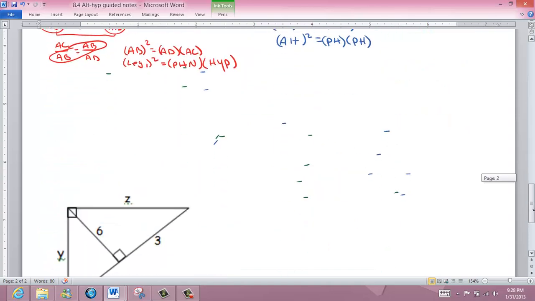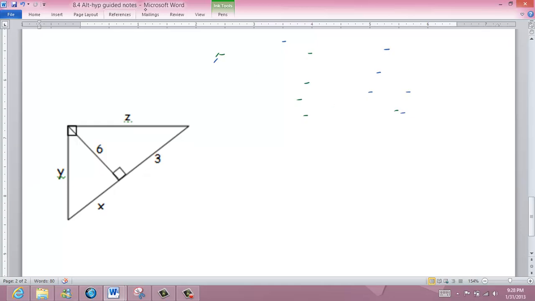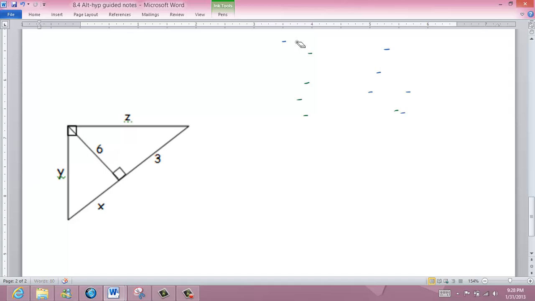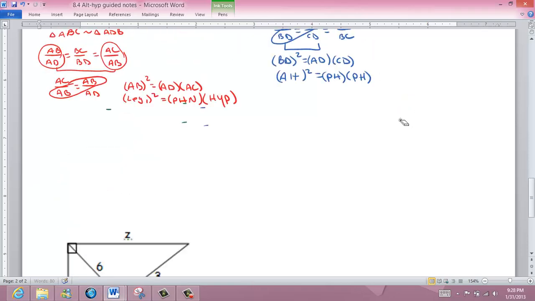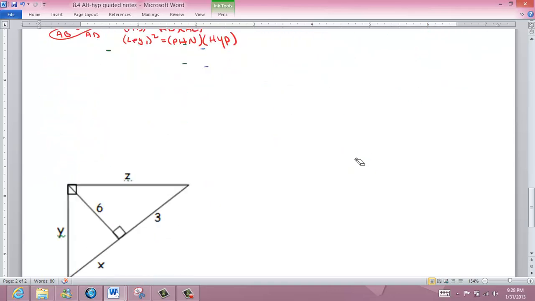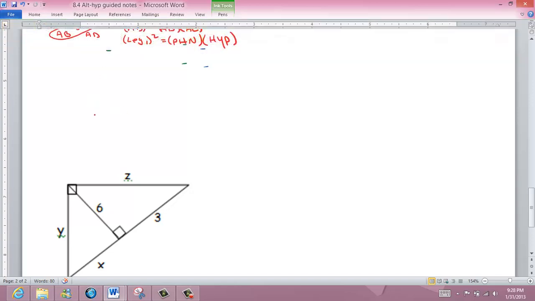Now, how do we use this? Well, basically there are two valuable formulas that come out of this. First, if we go back up and look at this, the red and the green basically told us that the legs act as a geometric mean between the piece of the hypotenuse nearby and the entire hypotenuse.